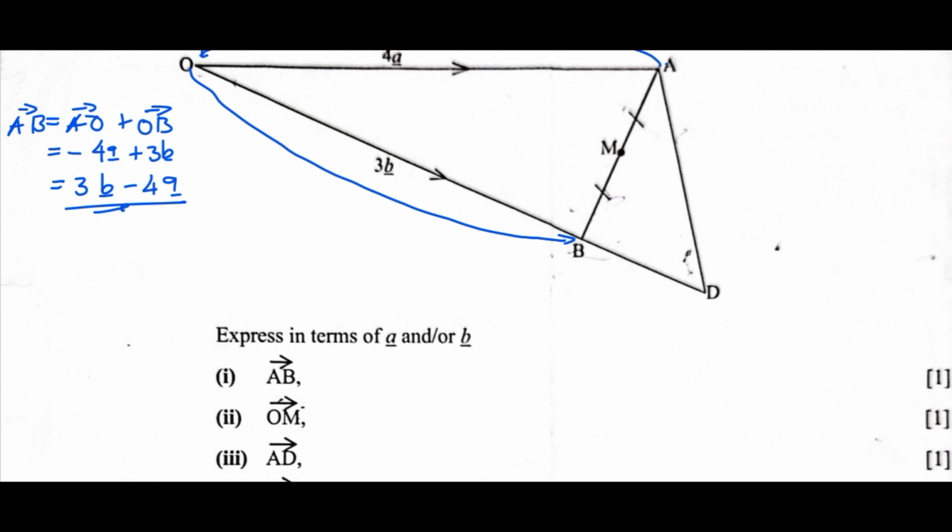Then OM. So for us to move to OM, we need to draw a line since it was not given. So for us to move to OM, we'll move from OA plus AM.